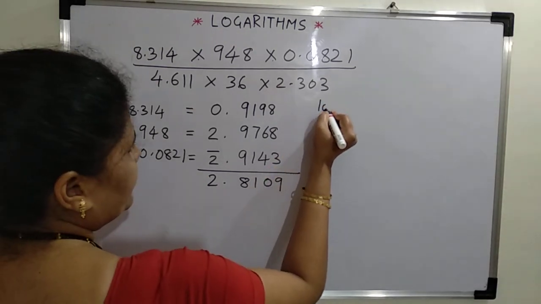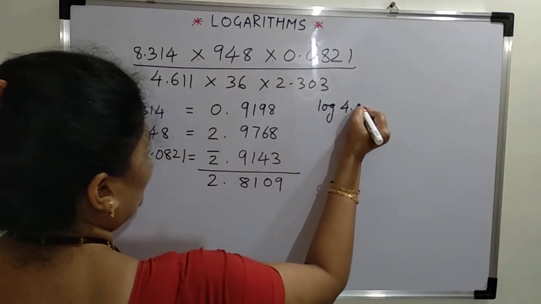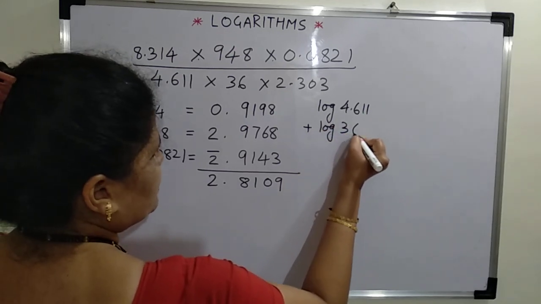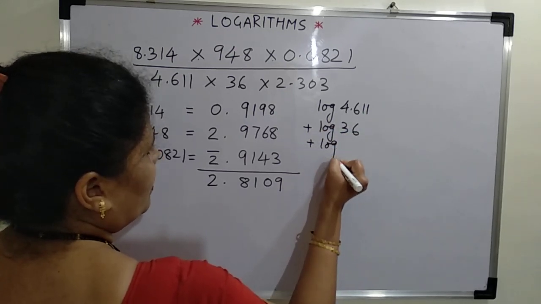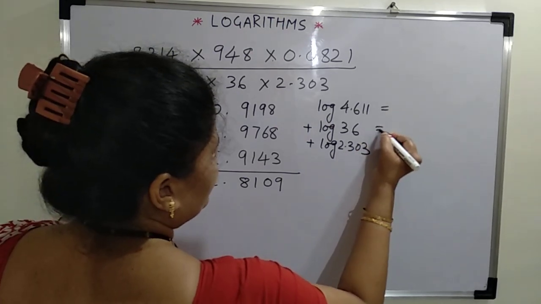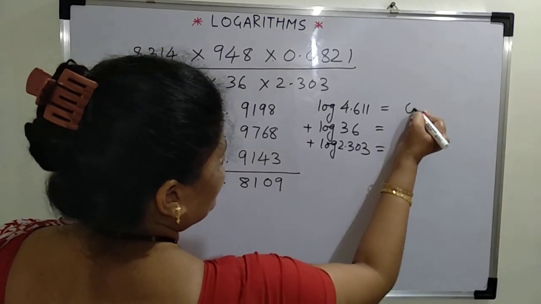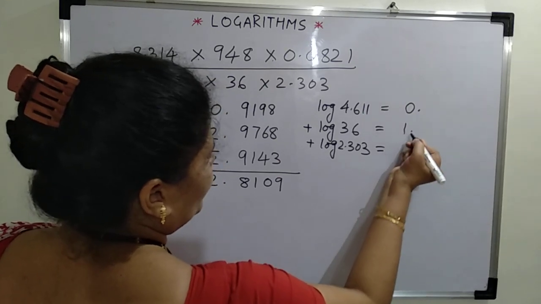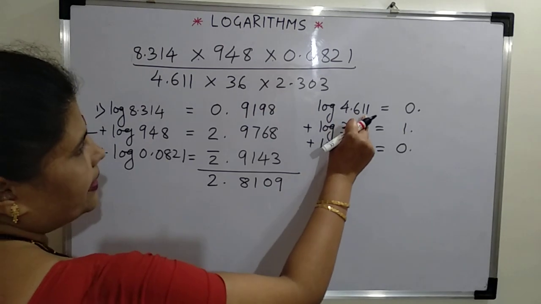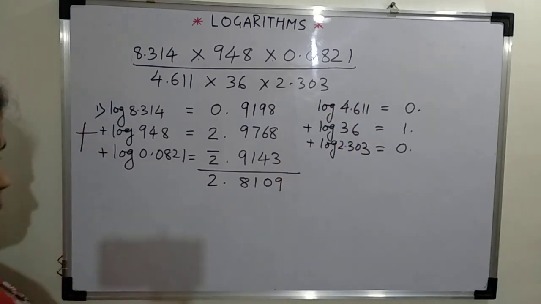Similarly, I will make the calculation for the denominator. For the denominator, it will be log of 4.611 plus log of 36 plus log of 2.303. What will be the characteristic here? I will just write that first: 0 point, 1 point, and 0 point. So 46 under 1 plus 1 mean difference.